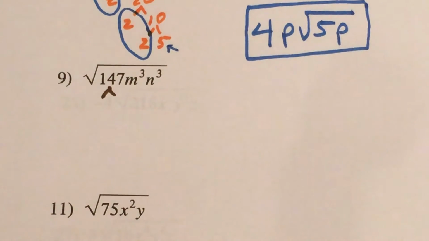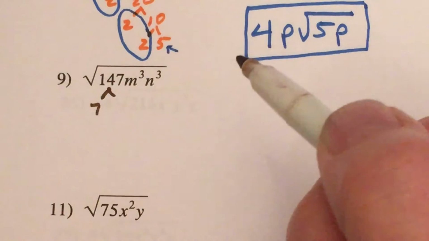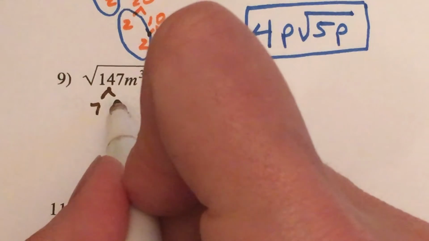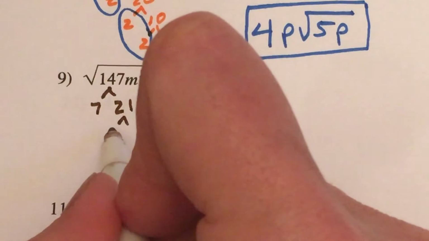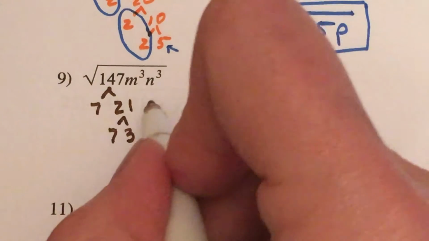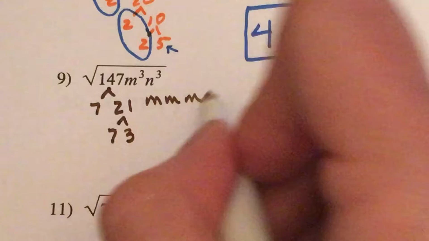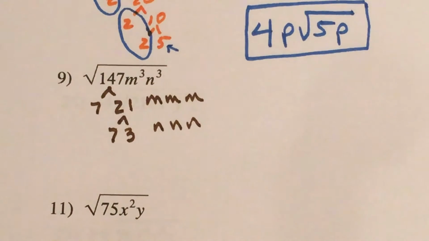Check it out on your calculator. What'd you find? 7. 7 and 21. And 21 comes from 7 and 3. Great. And then I have 1, 2, 3 M's and 1, 2, 3 N's.